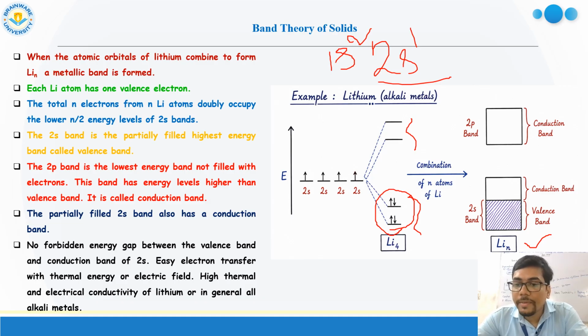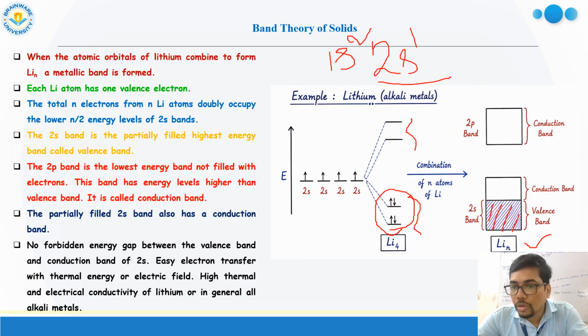This n value is very large, so these BMOs will be very closely spaced, so they appear as a band where all the BMOs are electronically filled. But as in Li4, in Li-n also, the anti-bonding orbitals will be electronically vacant. So these BMO and ABMO are all generated from the 2s orbital.